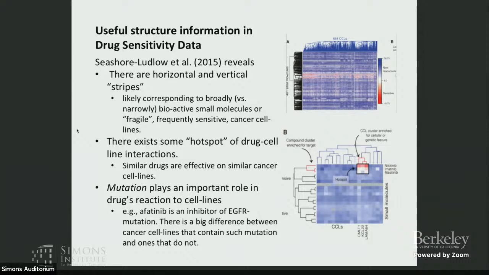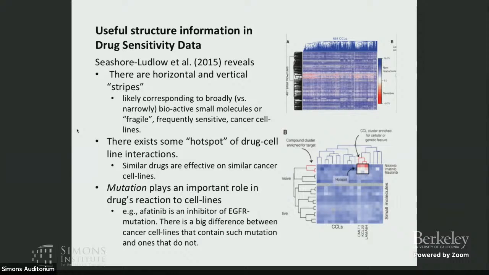Based on some literature studies, and also our own exploration of the data set, we do see some interesting structures in the data. For example, there are a lot of horizontal and vertical straps in the data. Those straps likely correspond to either broadly or narrowly bioactive small molecules.